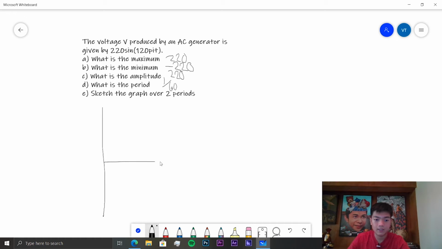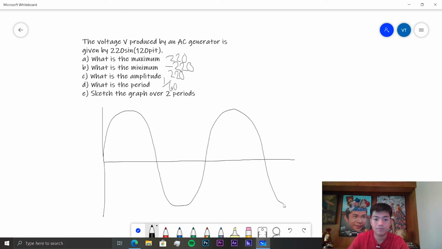So this looks like a standard 60 Hertz AC generator, but anyways, 220 sine, we can simply draw a normal sine graph and then label it.